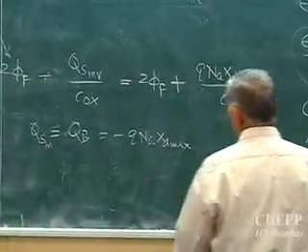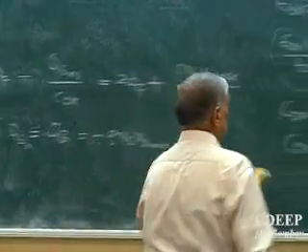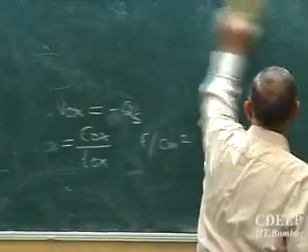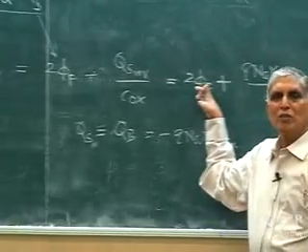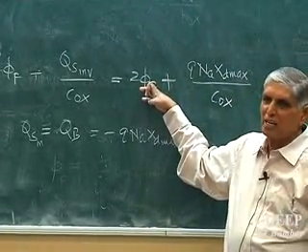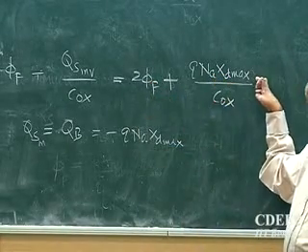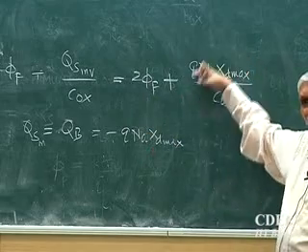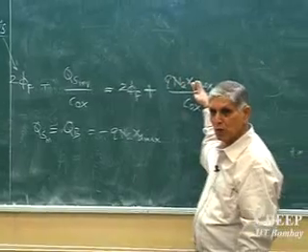Now this, please look at this term very carefully. If you see this term carefully, whether phi f is positive or negative for a P substrate: always positive. Na is larger than ni, so always positive. This is anyway taken care of with the sign, this value is always positive. So this is positive, this is positive.